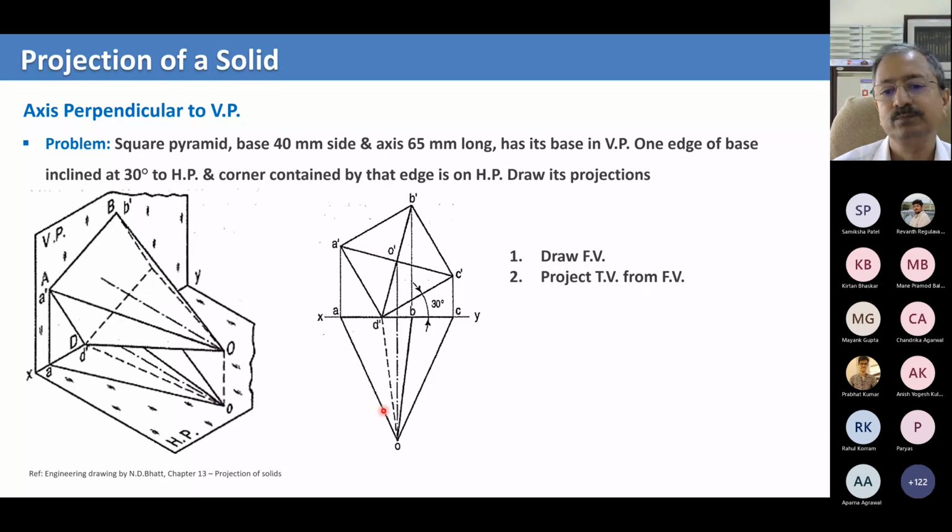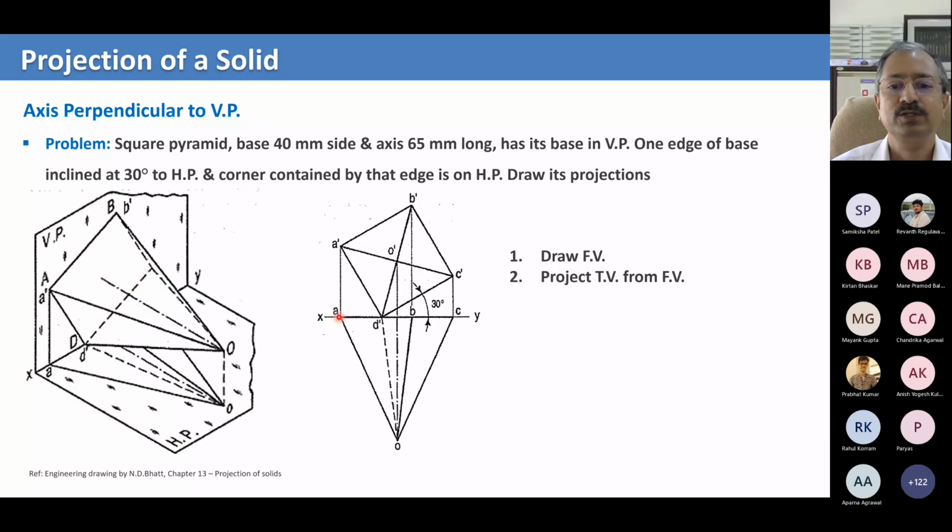This is your top view. In the top view, what is ABCD? In the top view, ABCD collapses to a line. Because you're seeing from the top, all these points ABCD collapse into a line. This whole plane collapses to a line because the plane is parallel to the vertical plane. In fact, on the vertical plane itself. So it is right here.